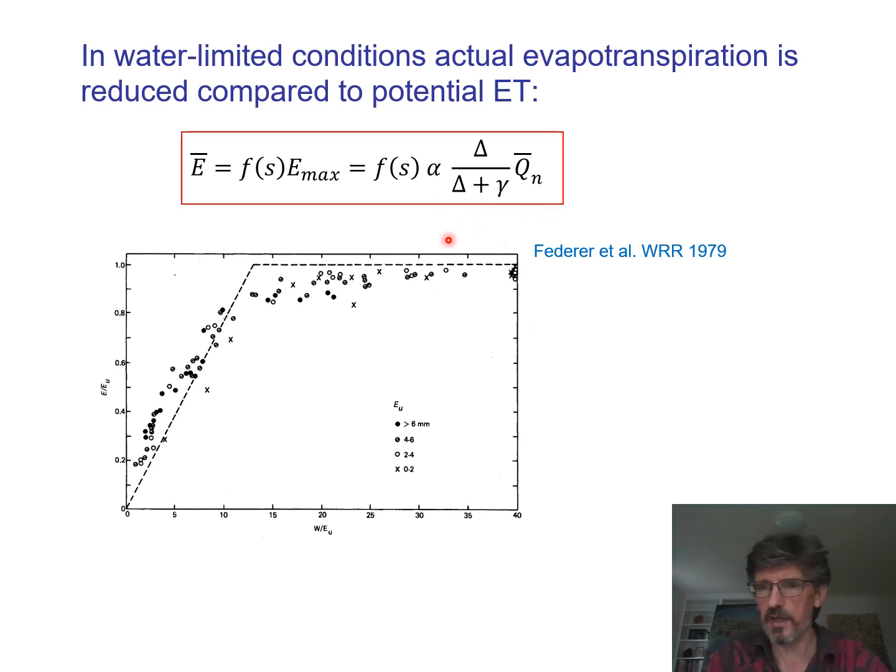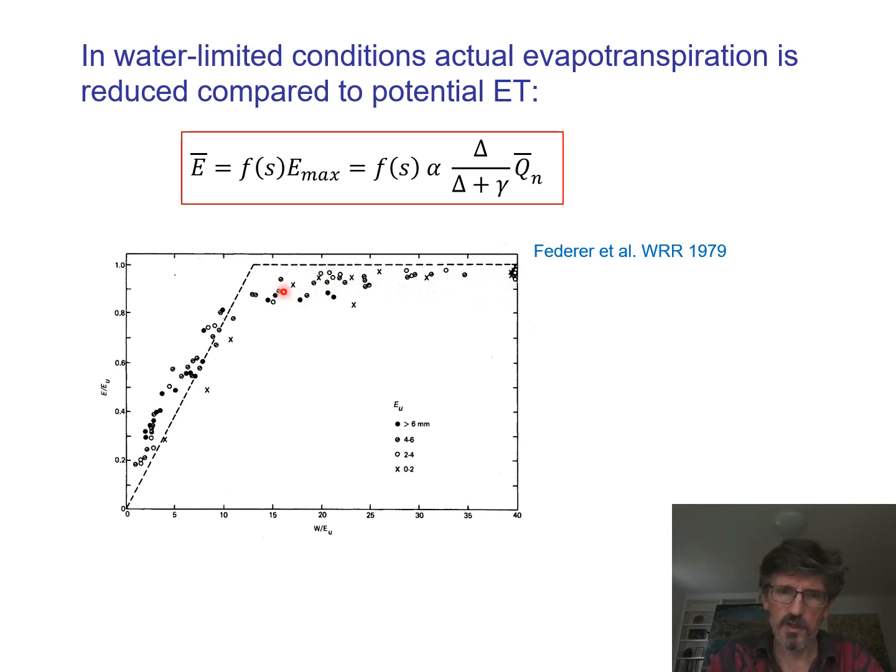This is also confirmed by independent measurements, not simulations, by Federer et al. in a famous paper in WRR in 1979, where they measured evapotranspiration of a forest stand in New England and plotted normalized evapotranspiration as a function of soil moisture. This is percentage water content, so 40% relative soil moisture, and you see a behavior like the one we saw in the integration at the daily level of the simulations.